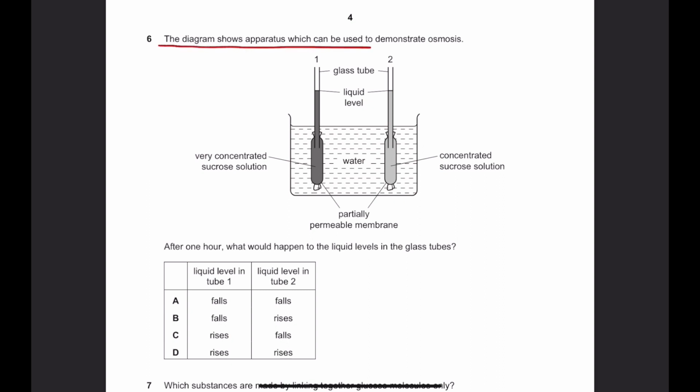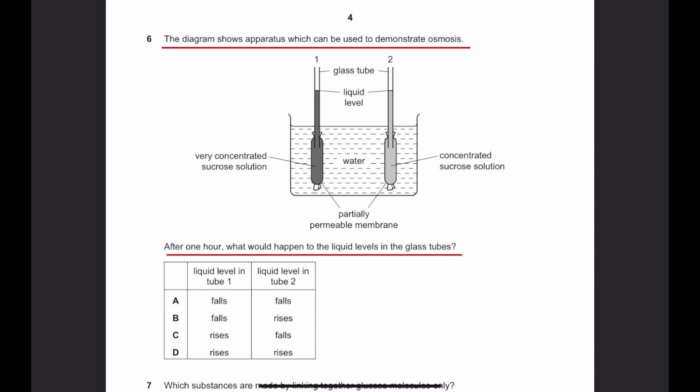The diagram shows an apparatus which can be used to demonstrate osmosis. After 1 hour, what would happen to the liquid levels in the glass tubes? So, if you look at this diagram, you can see there is very concentrated sucrose solution on the left side and also concentrated sucrose solution on the right side. So they are both concentrated. It's just that the left one is more concentrated.